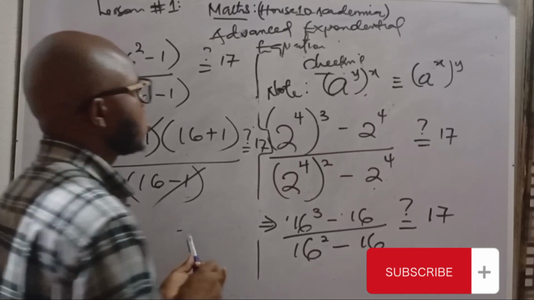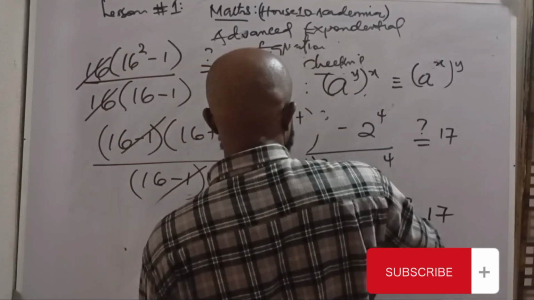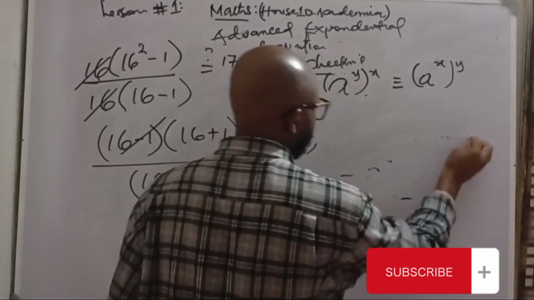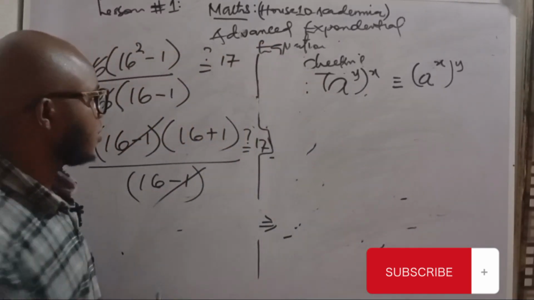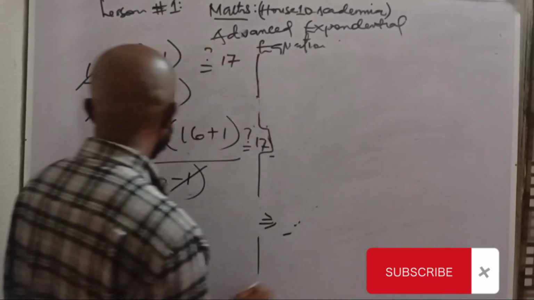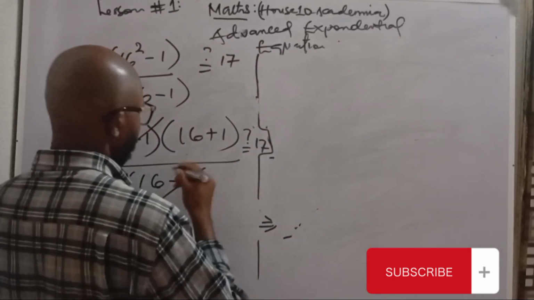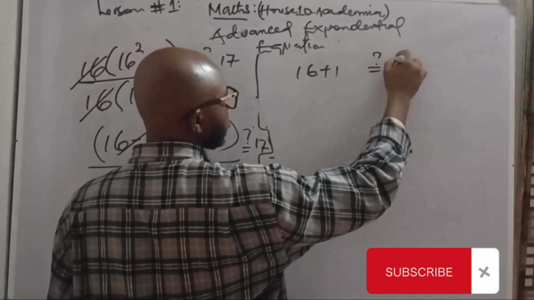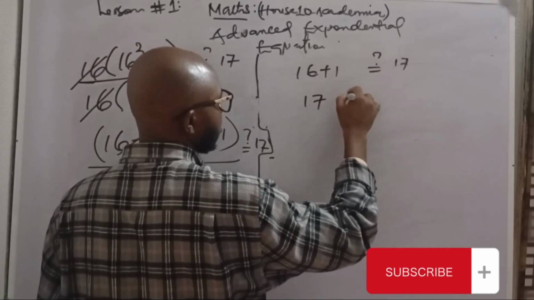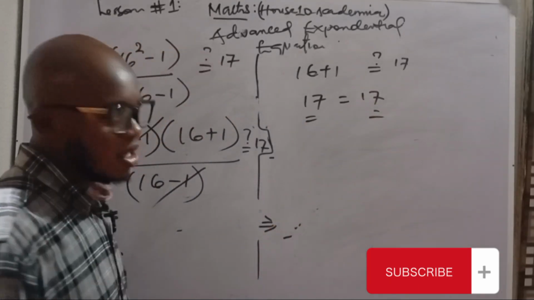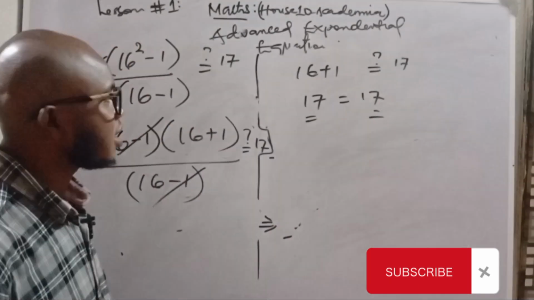So at this junction, because it's more advisable you use your head to solve this, we now have 16 plus 1. Is it equal to 17? So 17 equals 17. So the left hand side is equal to the right hand side.